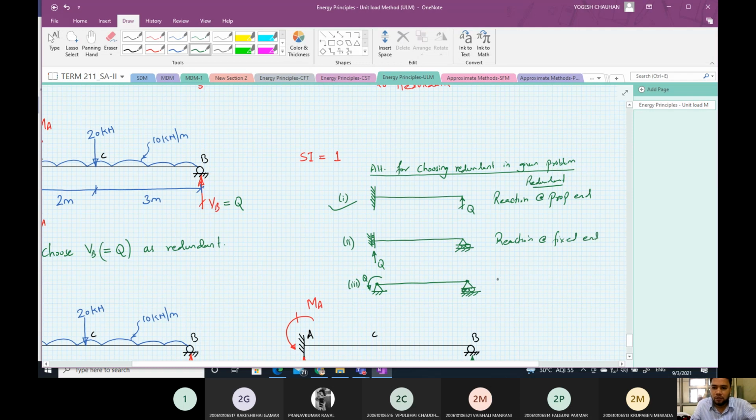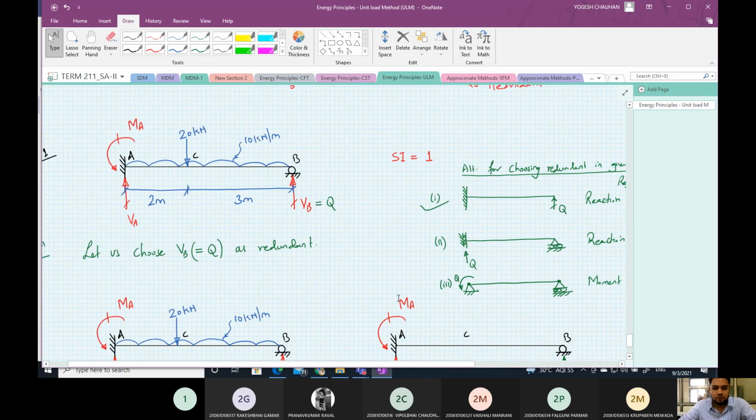Here, moment at fixed end is an alternative for redundant. But for the present case, we'll take this as redundant. You can try with the other redundants also, and you will get the same result.